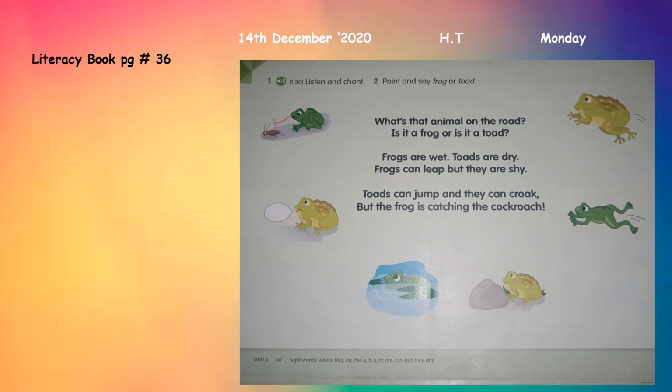Toads can jump and they can croak. Croak.